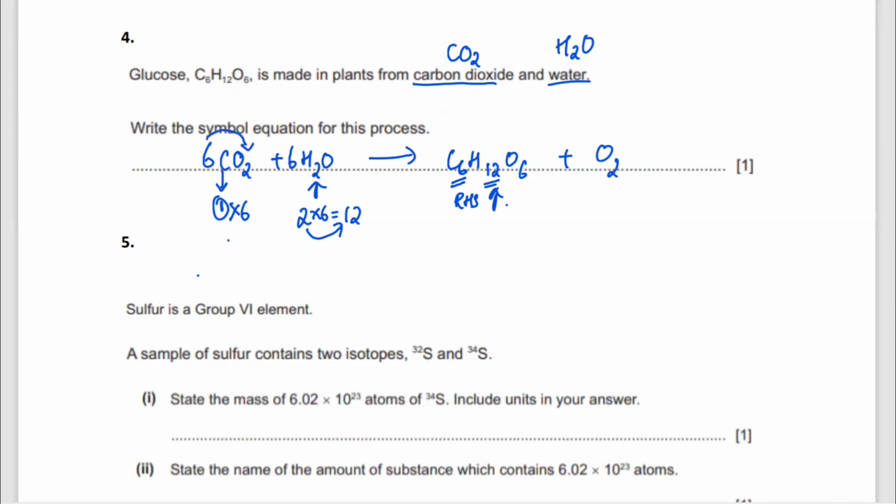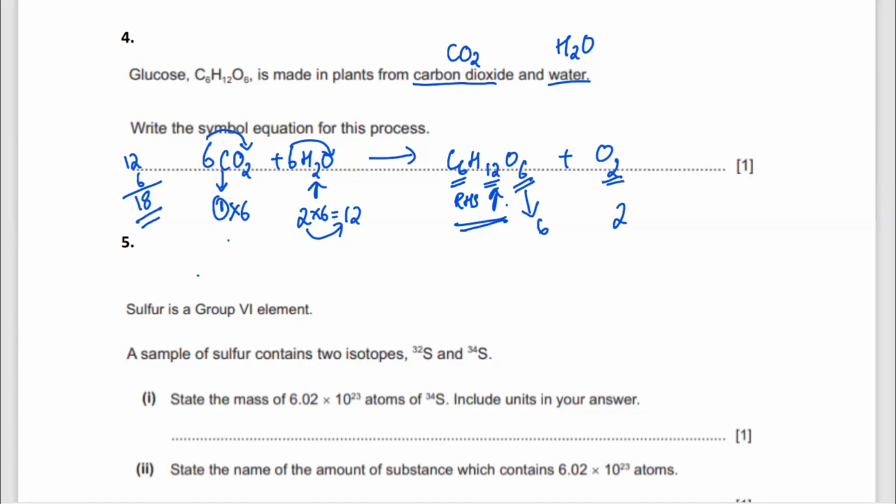Oxygen has 6 into 2, which is 12 in carbon dioxide, and 6 into 1, which is 6 in H2O. So the total number of atoms of oxygen is 18 in the LHS. And in the RHS, we have 6 in glucose and 2 in oxygen. But we can't change glucose because if we try to add or multiply the number of atoms in glucose, then carbon and hydrogen will also get affected.